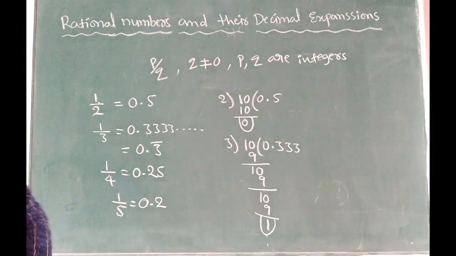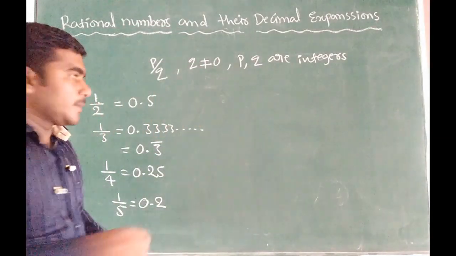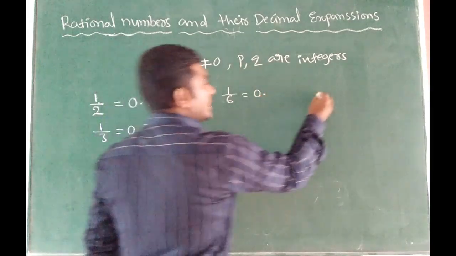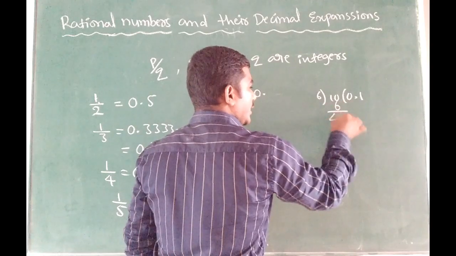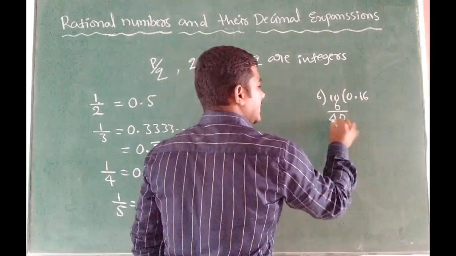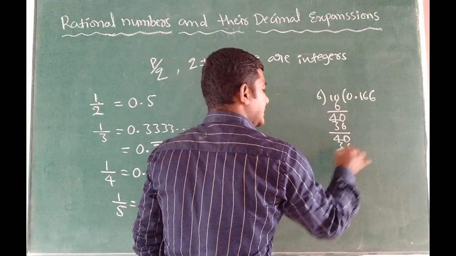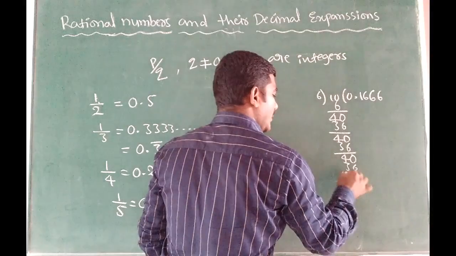Suppose you take the next number, 1 by 6. 1 by 6, 0 point. What will you get in 1 by 6? 6 ones are 6, 4 remaining, 0, 6 sixes are 36, 4 remaining, 0, 6 sixes are 36, 4 remaining.